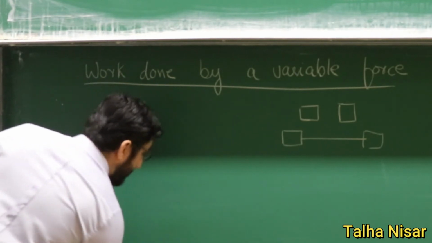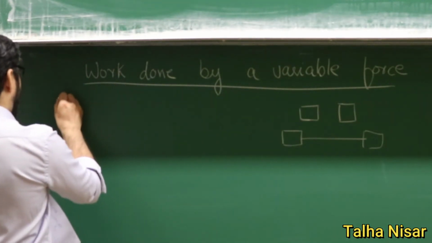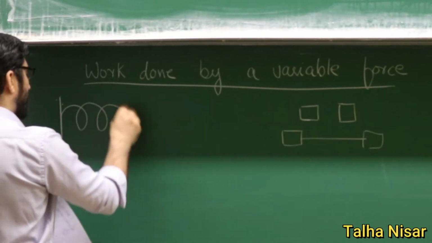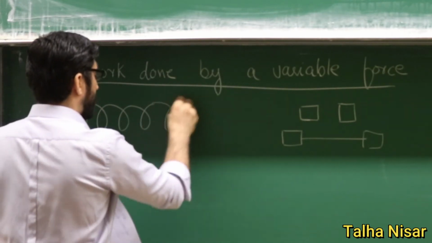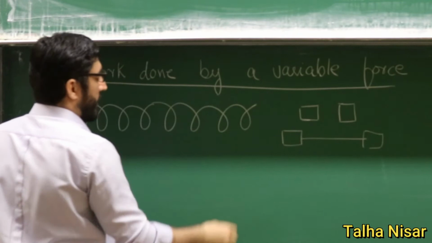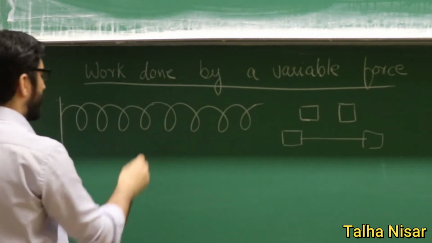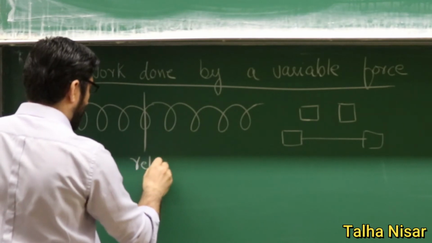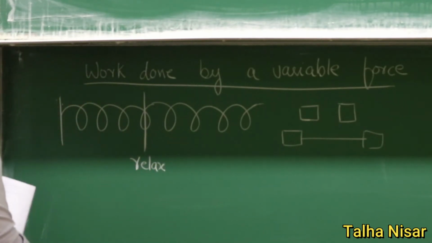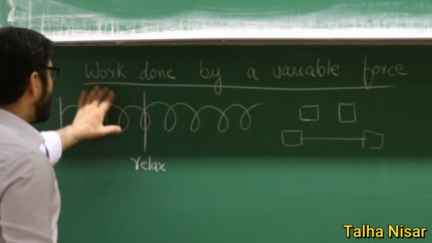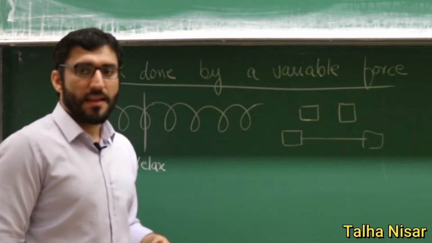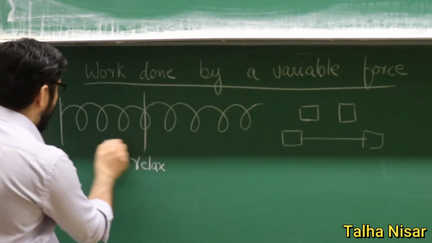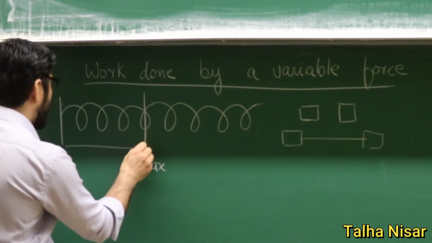So we have a spring. This is a spring, and here is the relaxed length. Relaxed length means that whenever we don't touch the spring, this will be its real length.